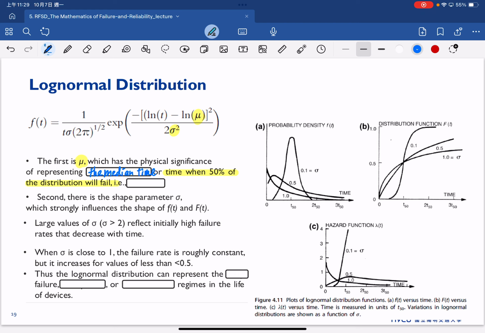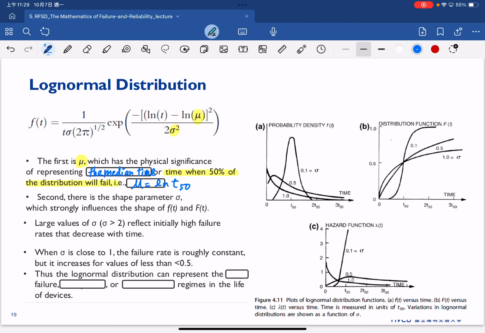So mu is equal to the natural log of T50.